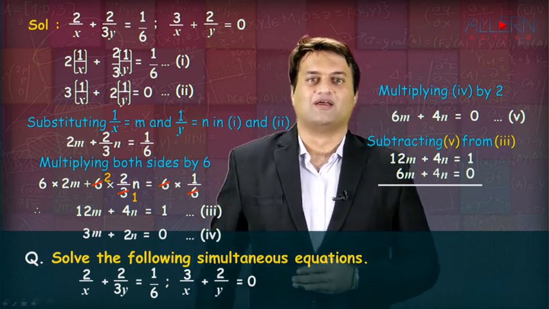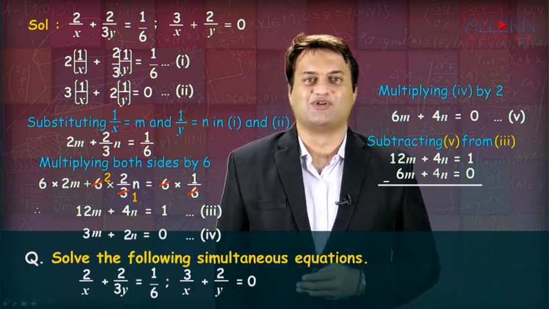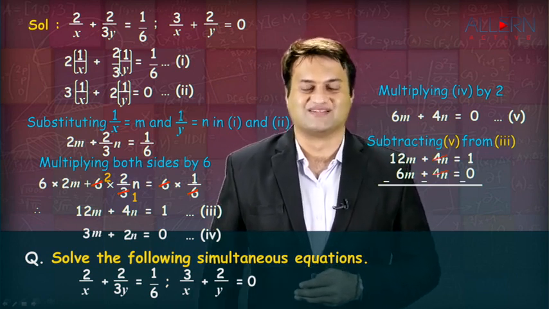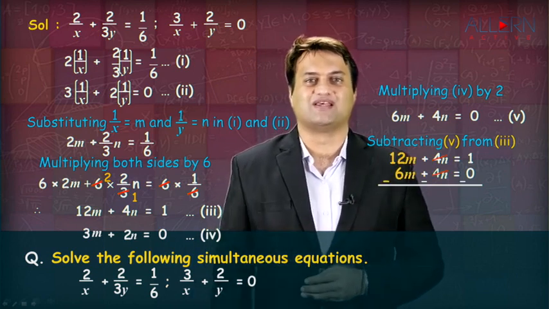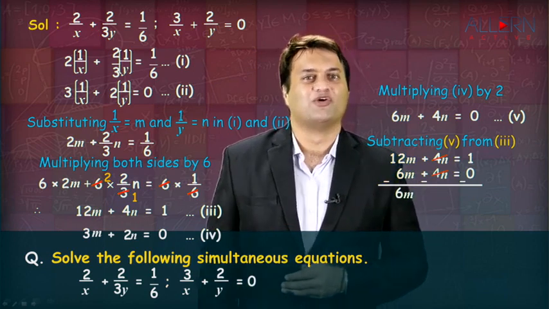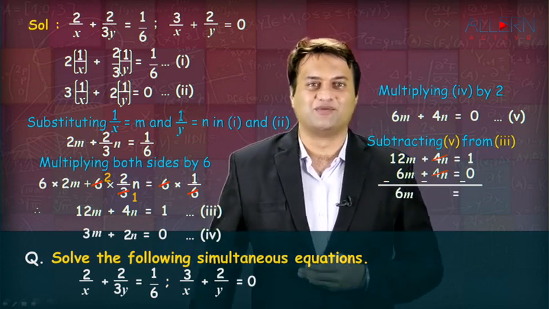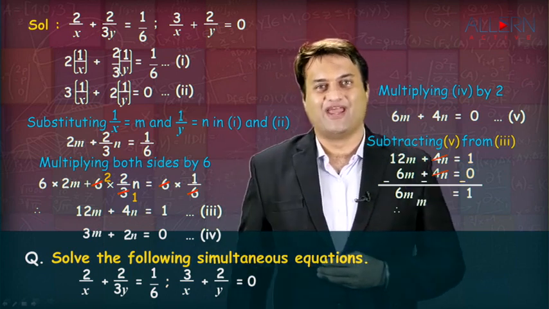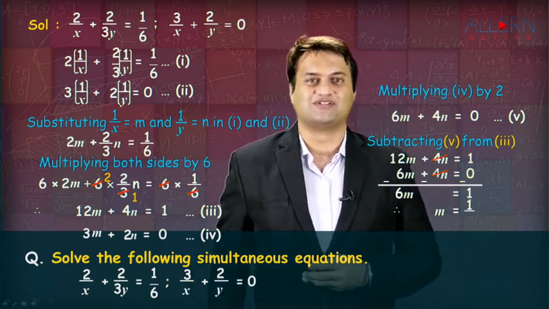Change the signs, plus becomes minus, plus becomes minus, and plus becomes minus. So 12m minus 6m will be 6m, 4n 4n gets cancelled, and 1 minus 0 is 1. You get 6m is equal to 1, so m is equal to 1 upon 6.